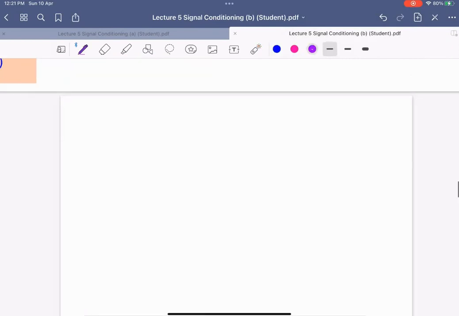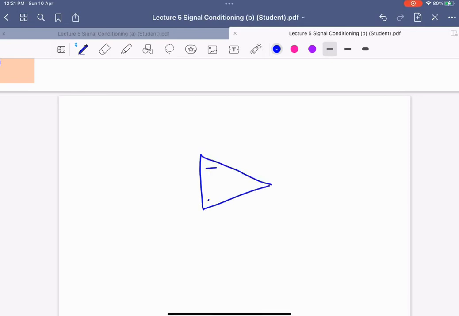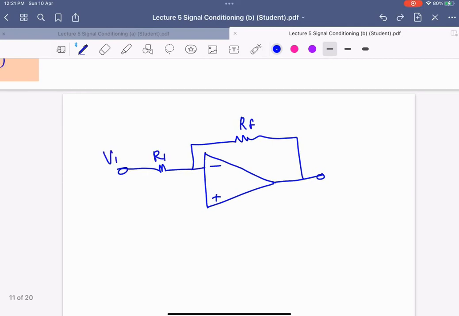So how do we draw the differential amplifier? It all starts from the inverting amplifier, so we draw the inverting first. This is RF, this is R1, this is V1, and this is V out.